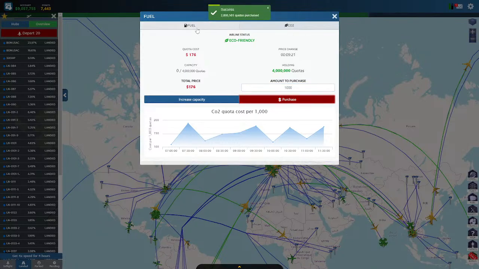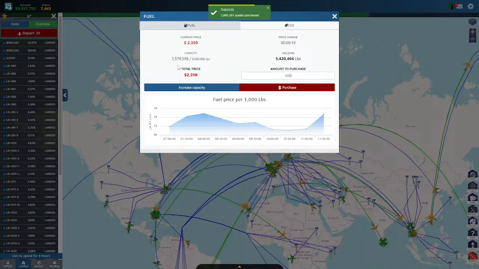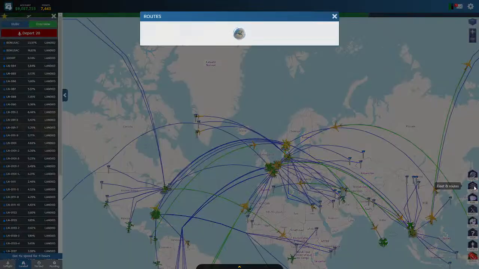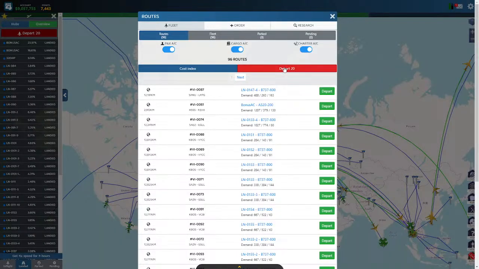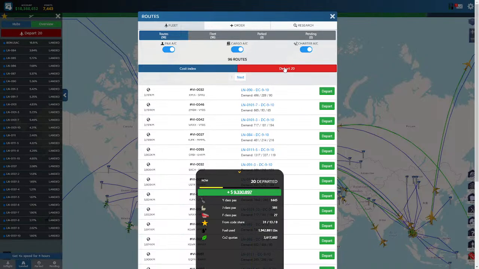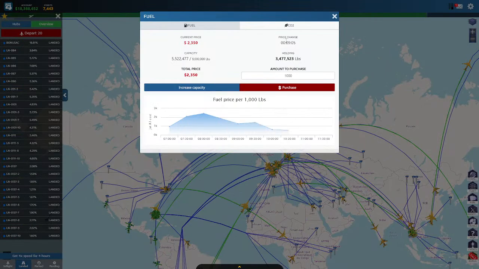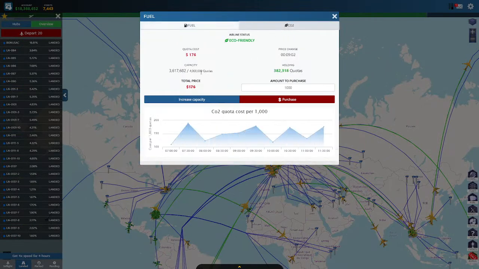There we go. Yeah, I still got more, and since the price is high on the fuel, I will wait with the payment of the fuel. So I can go back and I can send 20 more. And then I need to check the CO2 again. You see, it's almost used all of it.